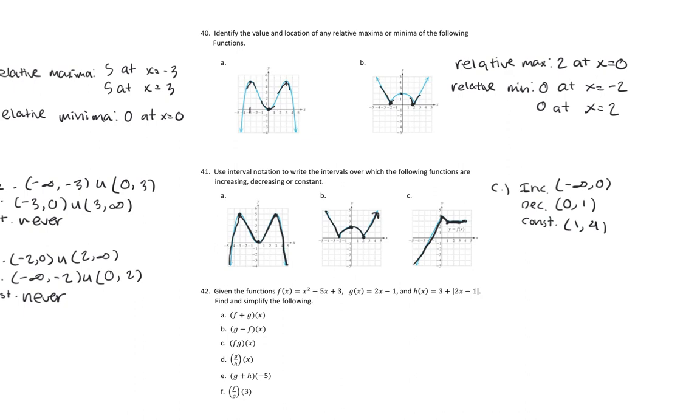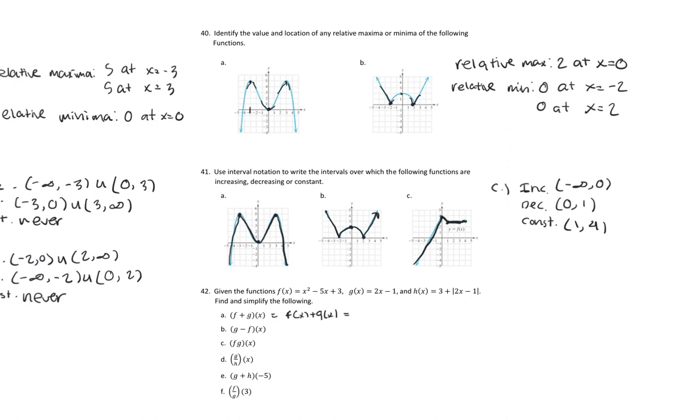All right, so for number 42, we are given some functions and some operations are being performed on them, and so we have to find them and simplify them. So for part A, this says f plus g of x. So that equates to f of x plus g of x, right? So we're just adding their functions.